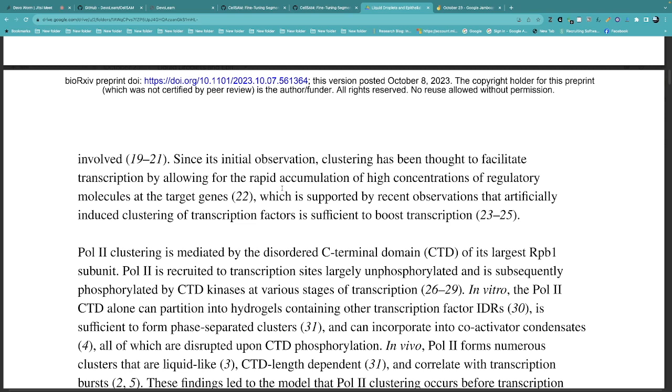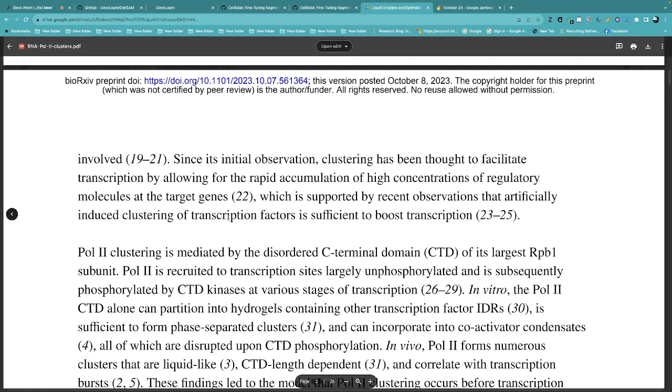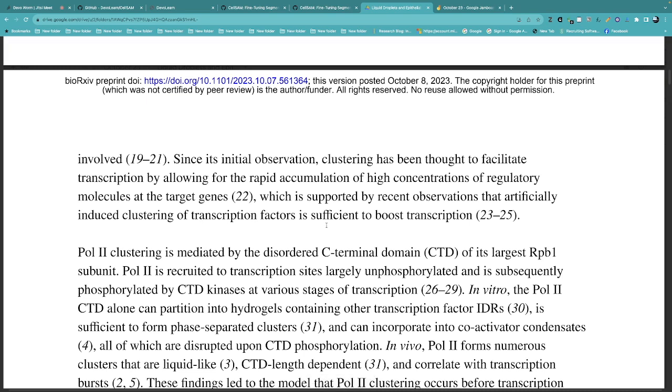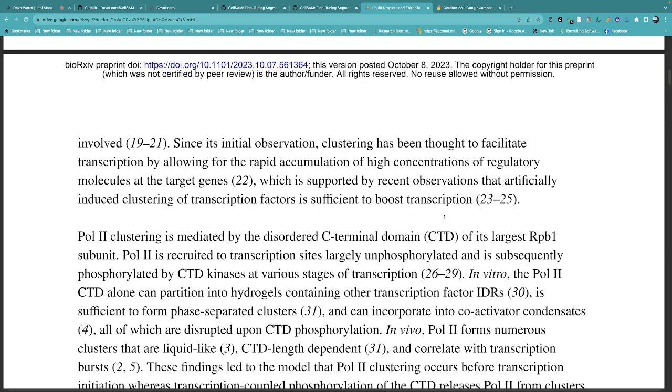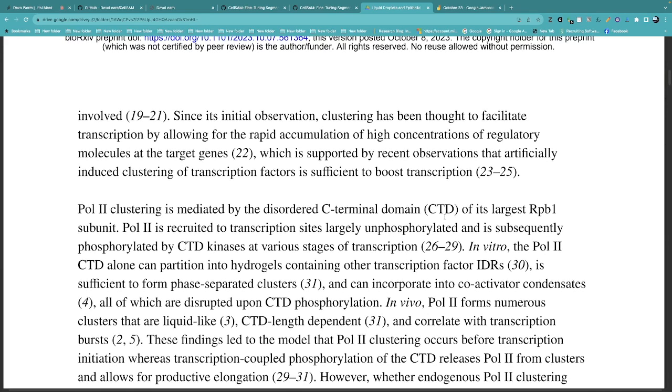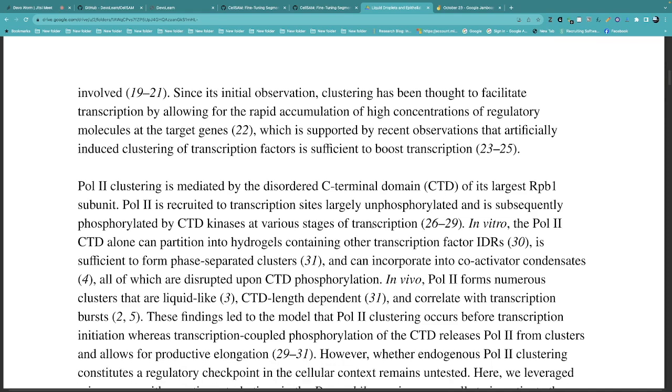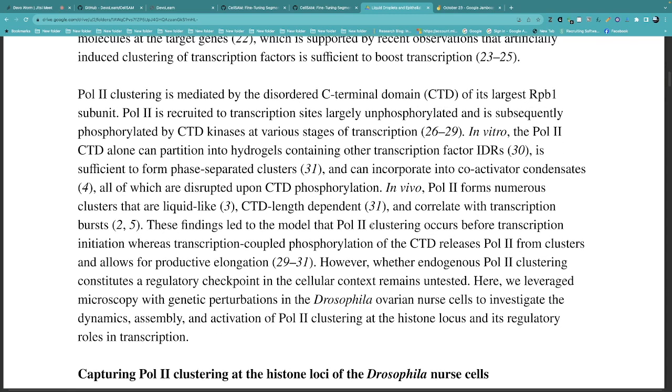If they're near the target genes, you have more of them to do the work of expressing the gene. This has been supported by recent observations that artificially induced clustering of transcription factors is sufficient to boost transcription. So you can use an artificial clustering technique where you cluster transcription factors and boost transcription that way. This has been done artificially, but they're using this nurse cell model to do this. So they talk about the biochemistry here.